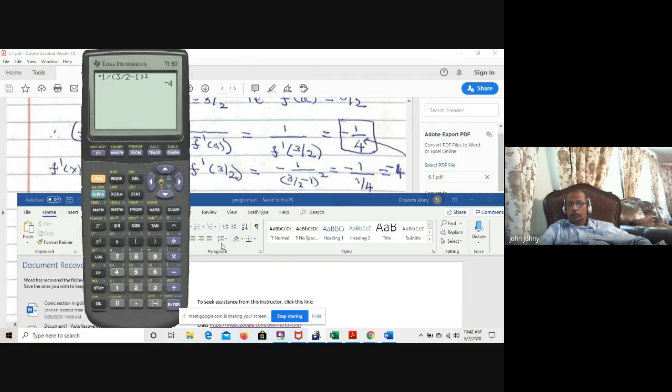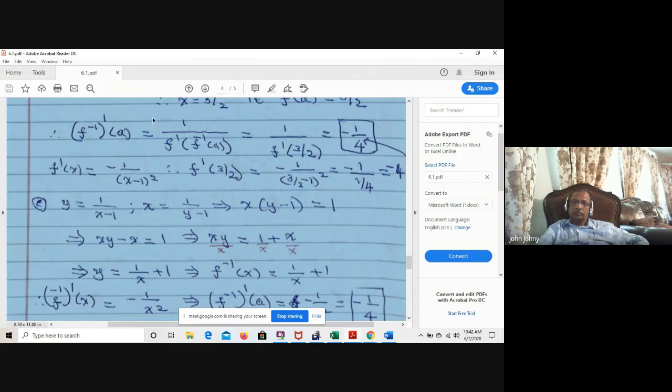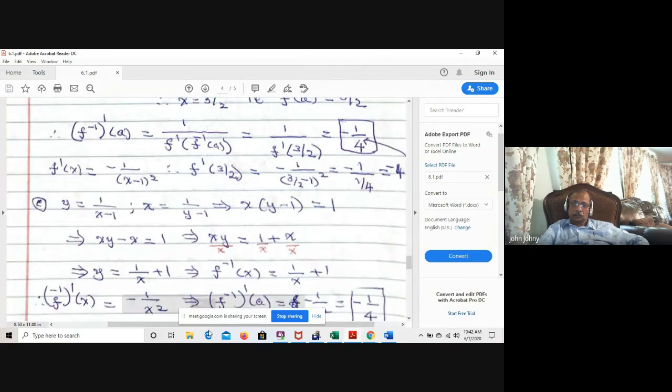That is negative 4. So that number is negative 4. Since that number is negative 4, its reciprocal is negative 1 over 4. So 1 over negative 4 is negative 1 over 4. So the derivative of f inverse at a is equal to negative 1 over 4.